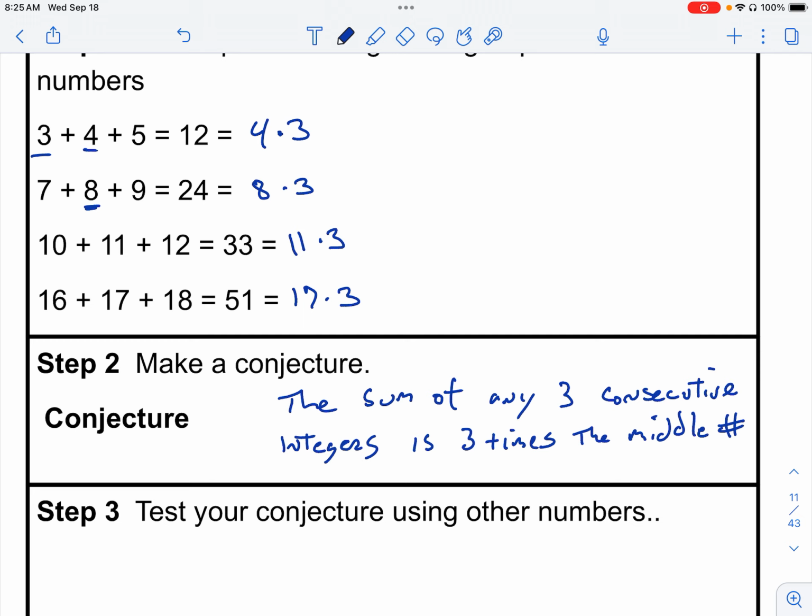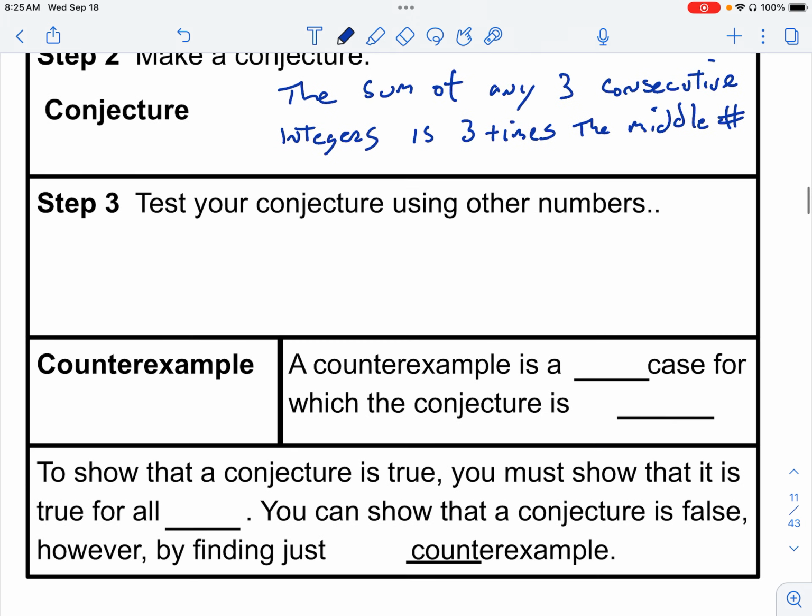Let's pick some other numbers, some consecutive numbers, and let's pick some bigger numbers and some weird numbers to see if it works. So let's start at -1 plus 0 plus 1 equals 0. And 0 times 3 is indeed 0. So it works.